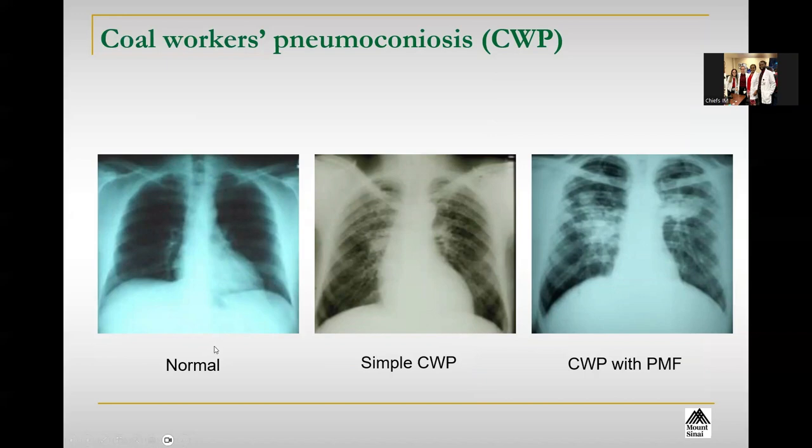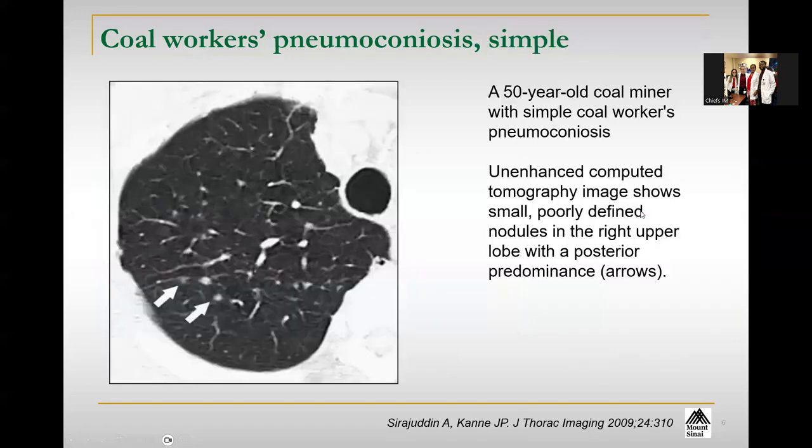And I have here a comparison between a normal, a simple coal workers pneumoconiosis and a case with progressive massive fibrosis, where you can see what I mean with the relatively low level of abnormality in simple coal workers pneumoconiosis, and how severe it can get when these nodules start enlarging and coalescing into larger nodules, masses essentially, like these ones here. So that's what is progressive massive fibrosis.